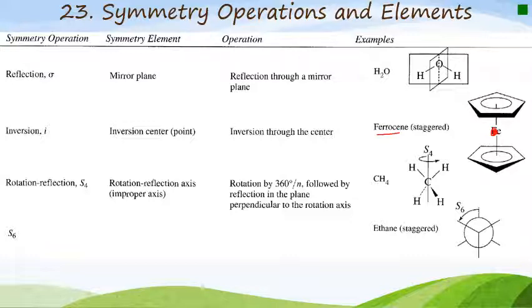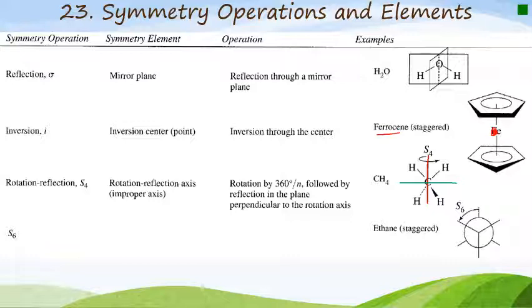So that would mean a 90 degree rotation, followed by reflection in the plane perpendicular to the rotation axis. So if this is the direction of the rotation axis along the red line I've just drawn, then the mirror plane, let me use a different color, I'll use green, would be perpendicular to the rotation axis.